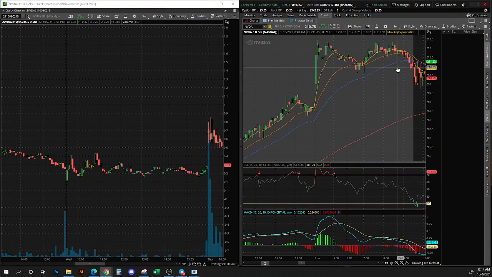So as we move over here to the chart, things I'm looking at: where the buyers are, where the sellers are, right? You can kind of see where the buyers step in, keeping the stock above that 210 range, and sellers are coming in and keeping it below that 211. So it looks like it's trading flat.